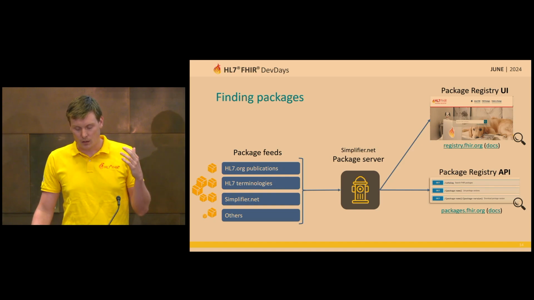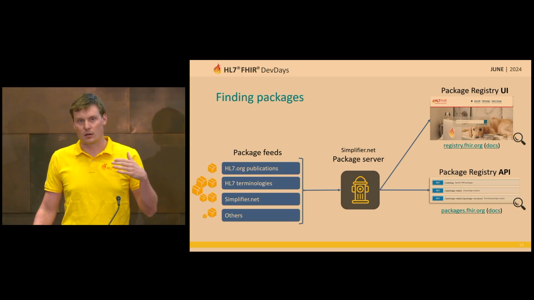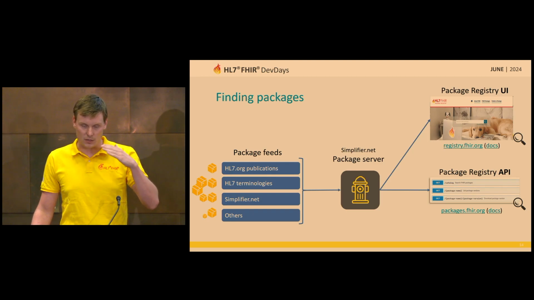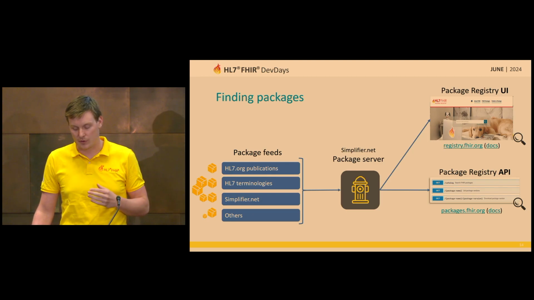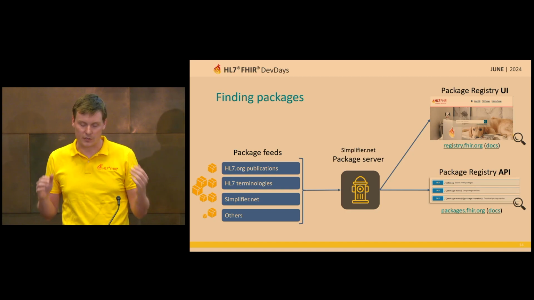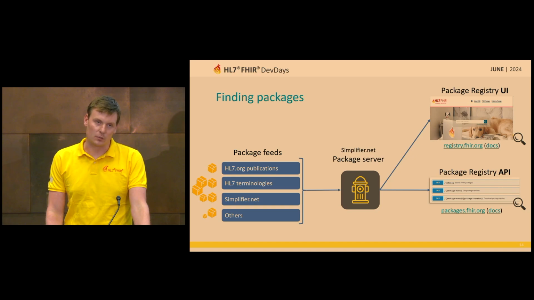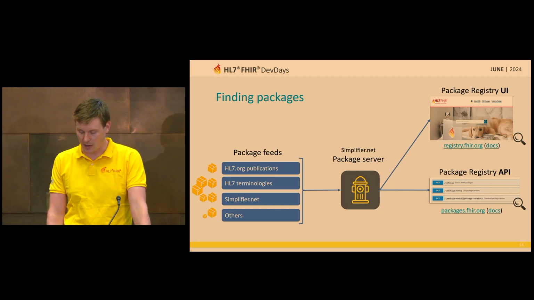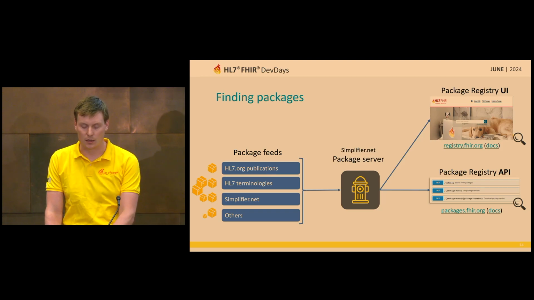HL7.org has a package feed containing a list of the packages they want to distribute, and Simplifier pulls those and publishes them to the rest of the world. HL7 terminology has one too. Simplifier itself has a way to publish packages, and there may be others as well. You can easily add your own package feed to Simplifier as well. I think you just have to file a pull request against some GitHub repository containing your package feed, and you're good to go.